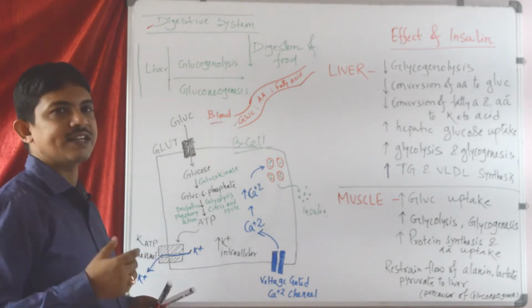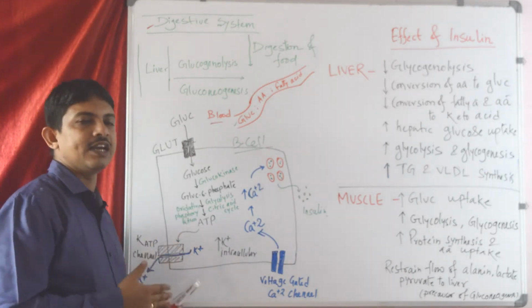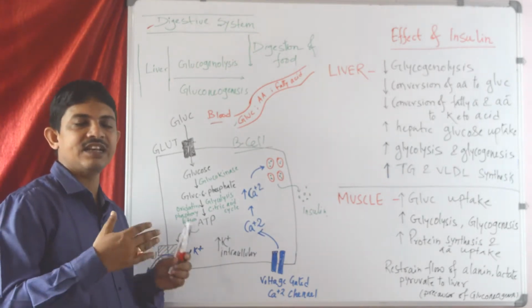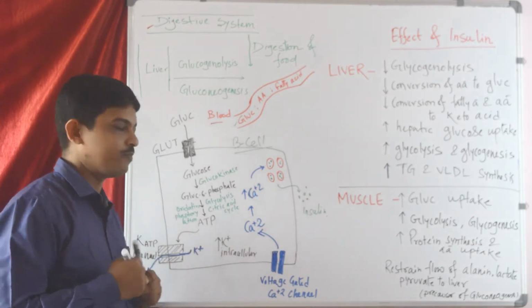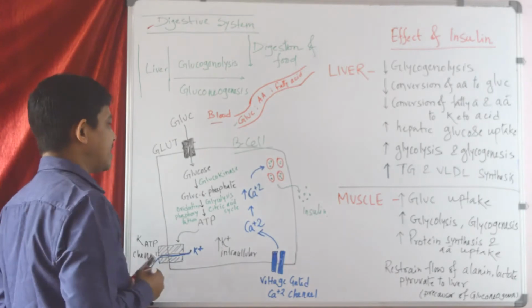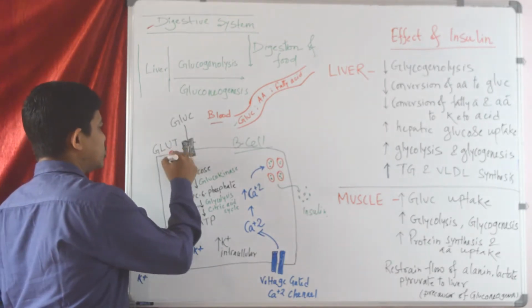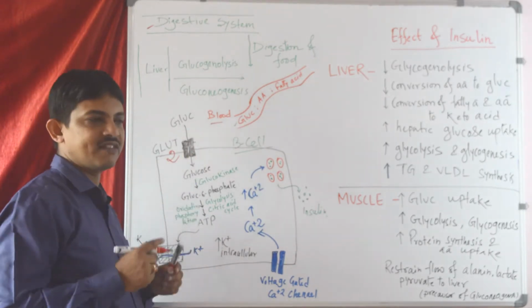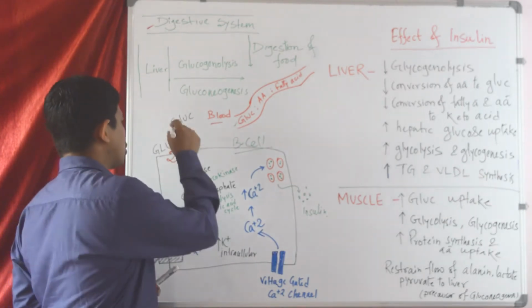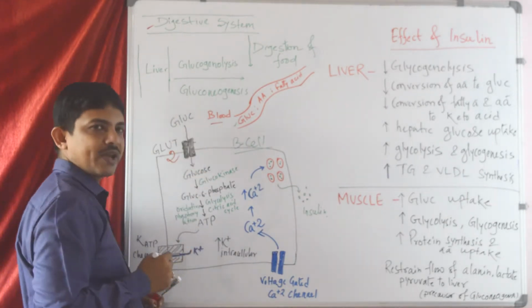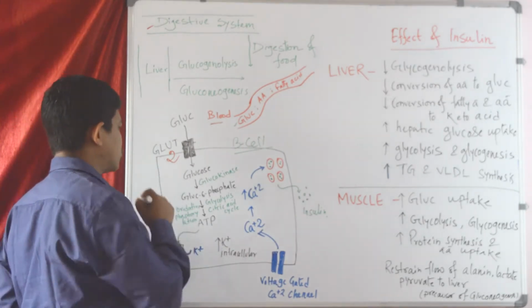There are different types of GLUT; majorly GLUT and SGLT are the two major glucose transporters present in our body. In the pancreatic beta cell, it is GLUT2. So glucose enters the pancreatic beta cell through GLUT2.